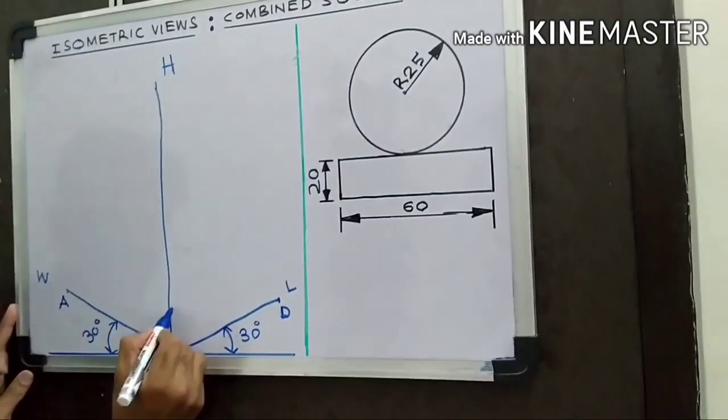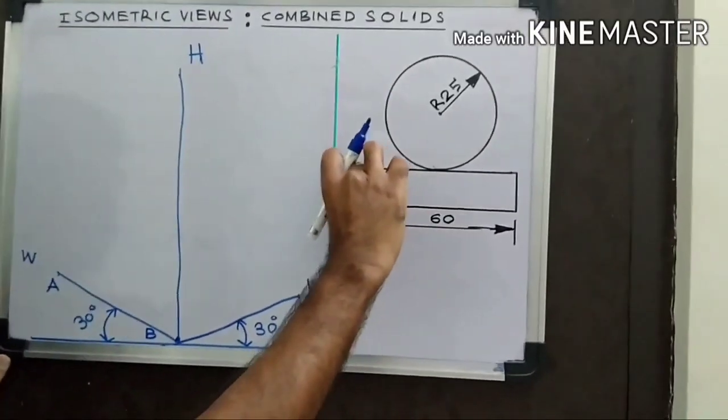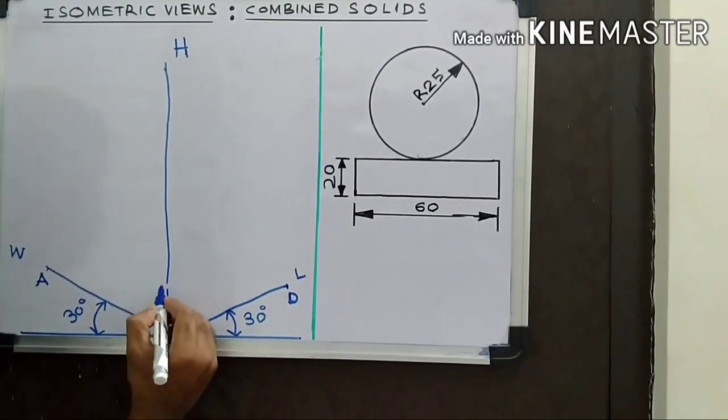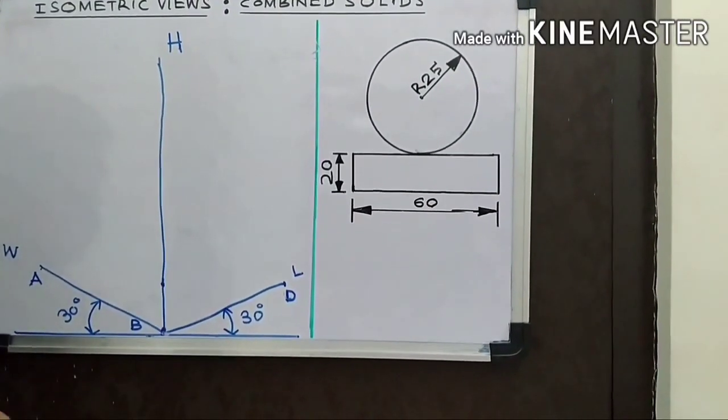Measure this length 20 on the height axis by using a compass. Mark it. Height is 20.